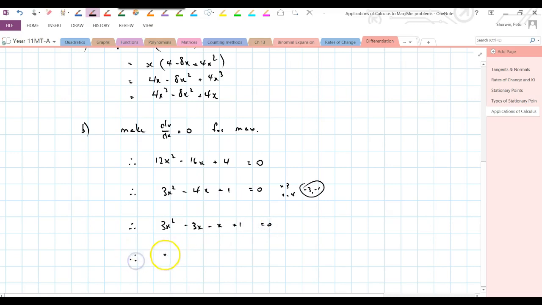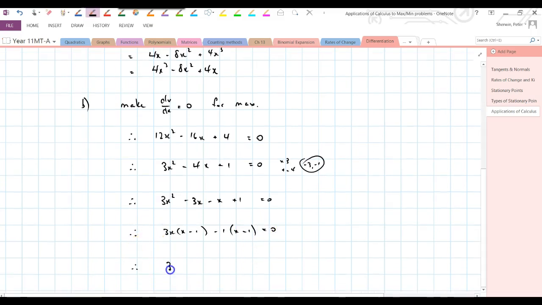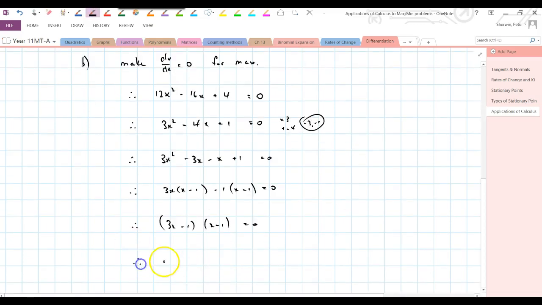And therefore 3x outside of (x minus 1), minus 1 outside of (x minus 1) equals 0. So it factorizes to (3x minus 1)(x minus 1). Therefore my values of x that give us a 0 gradient are a third and 1.